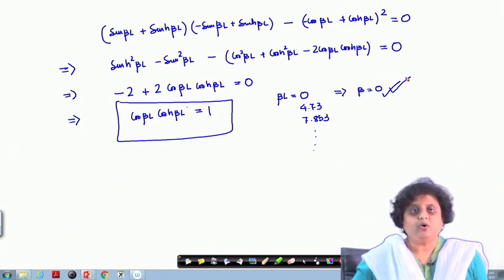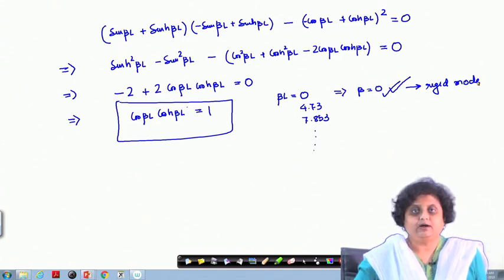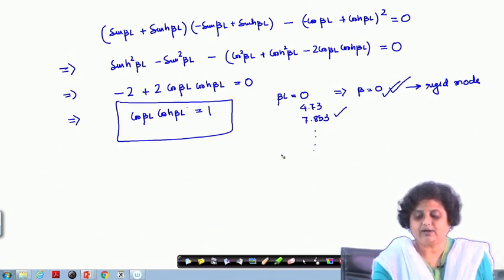This also is in congruence with what is observed physically, because this denotes a rigid body mode, and a free beam has a rigid body mode, and this mathematical solution confirms the presence of rigid body mode in the free beam.